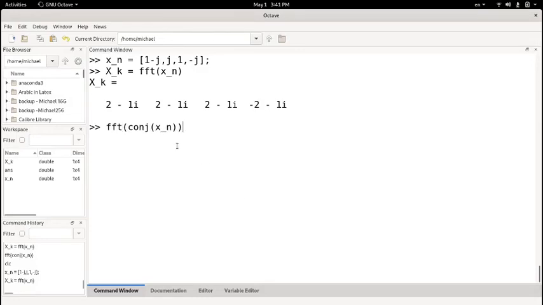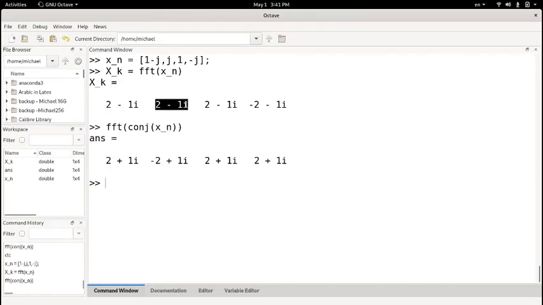So the Fourier transform of the conjugate of x of n will simply be this same sequence, but conjugated and circularly folded. Let's try. As you can see here, the first sample will remain as is, and it will be conjugated. Instead of 2 minus j, it's 2 plus j.